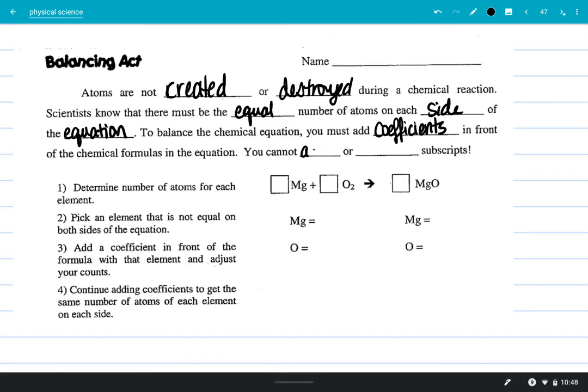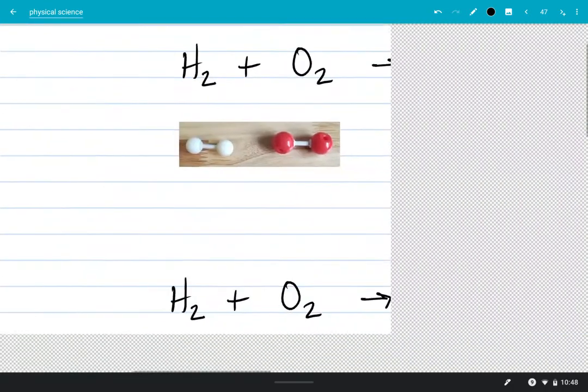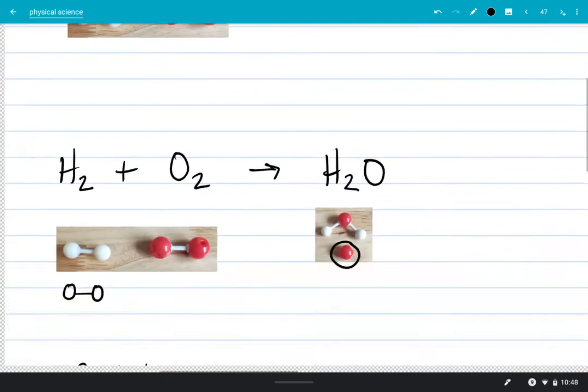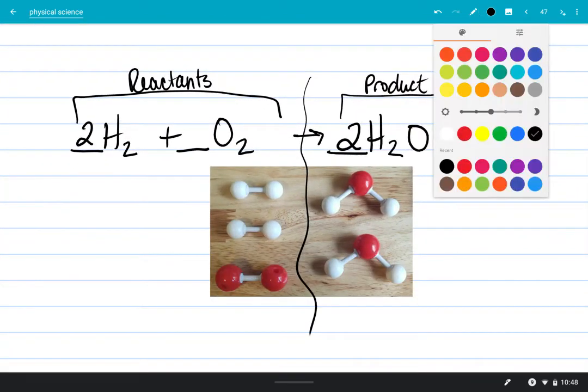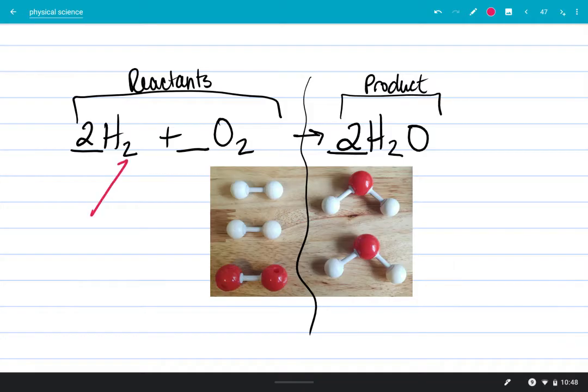You cannot add or subtract subscripts. So when we were over here, let's talk about some vocab real quick. So we've got reactant and product. That is a subscript.